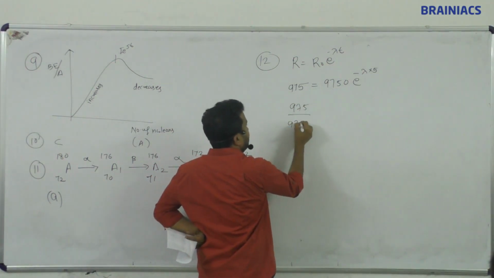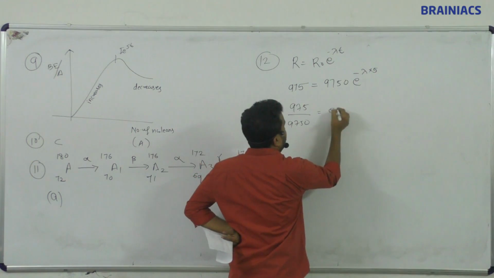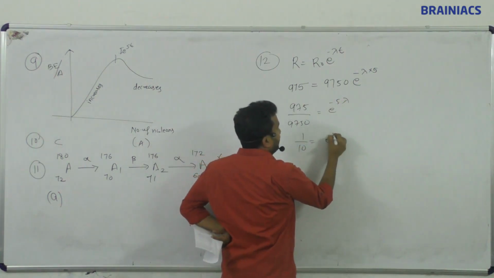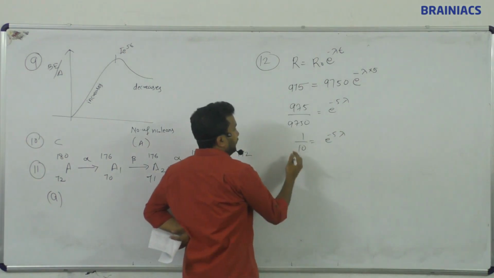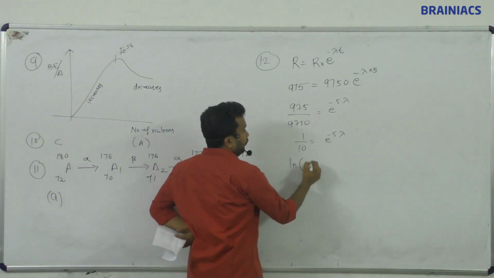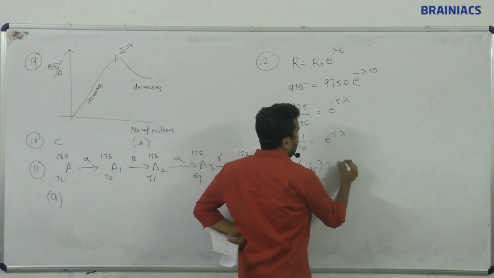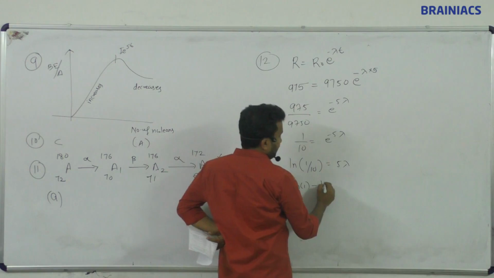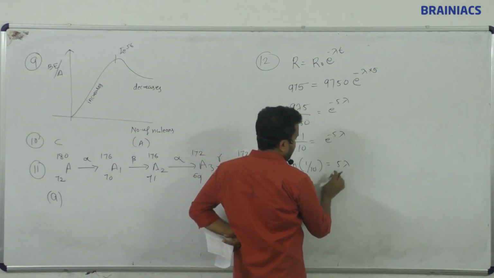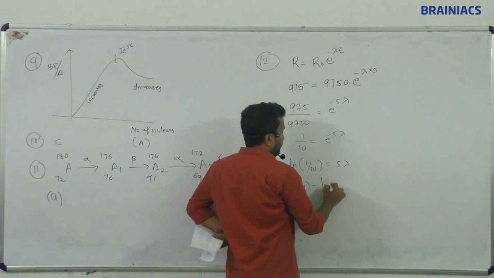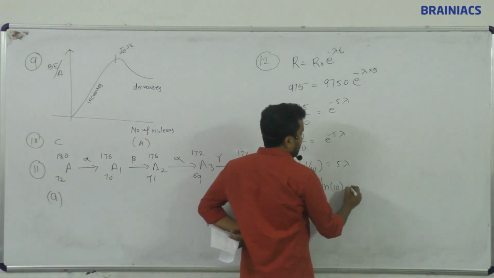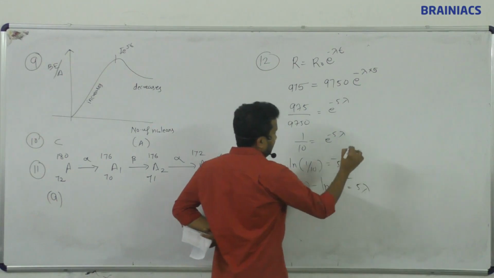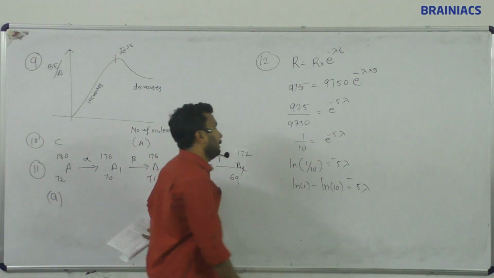975 divided by 9750 is equal to e power minus 5 lambda. 1 by 10 is equal to e power minus 5 lambda. So the logarithm of 1 by 10 is equal to minus 5 lambda. Log 1 minus log 10 is equal to minus 5 lambda.